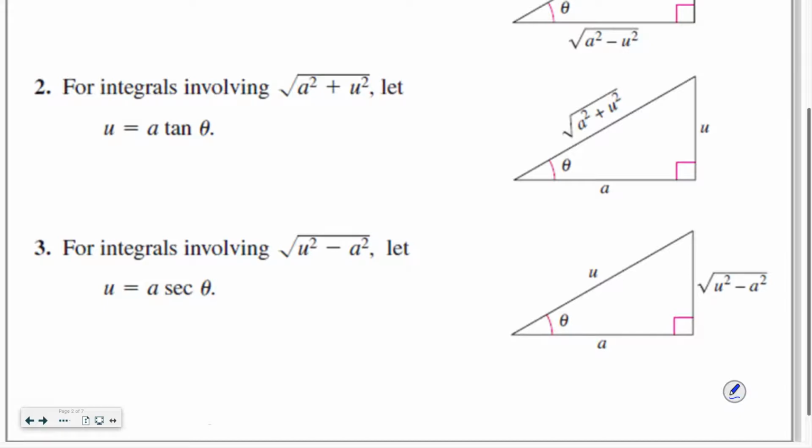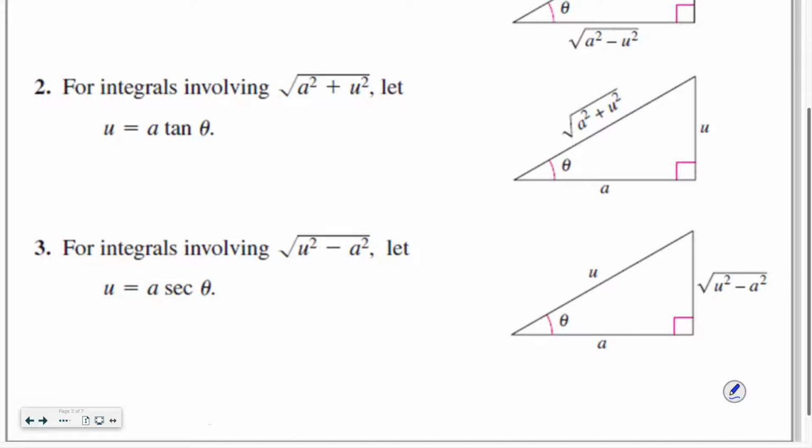So when you do these integrals, it is important that you let me know your substitution. If you're going to let x equal 4 secant theta, then you would have to determine dx. If you're going to substitute x, you're also going to need to substitute dx so that everything's in terms of the same variable.